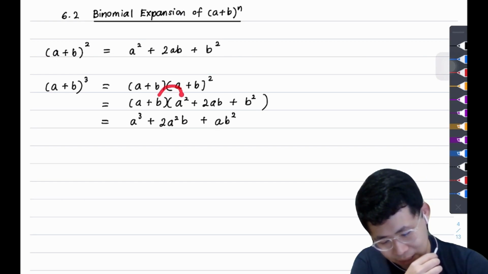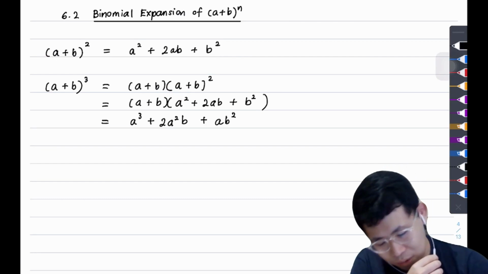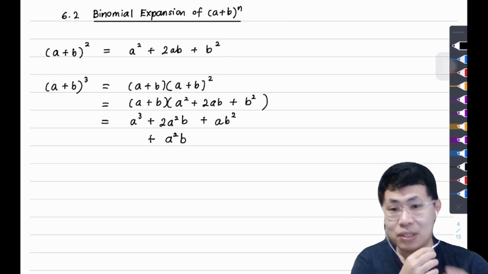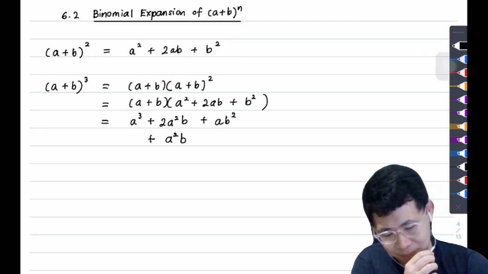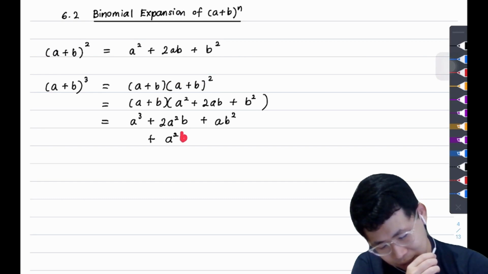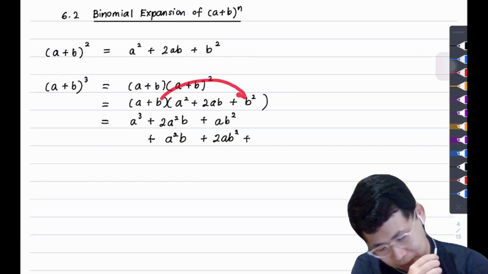Second one, when I multiply b with a squared, I get a squared b, so I'll align it with this. Then b times 2ab gives me 2ab squared. Last one, b times b squared will give me b cubed.